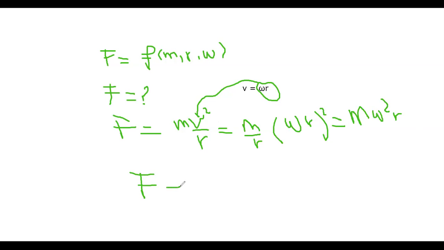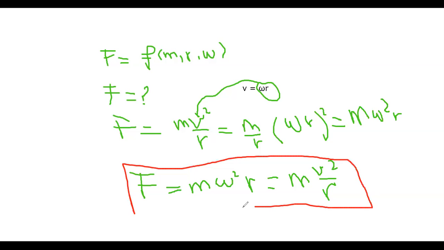So F can also be expressed as M omega squared R, which also equals M v squared divided by R. Please be aware of this one, because this is also a base of our gravitational field and the dynamics of circular motion.